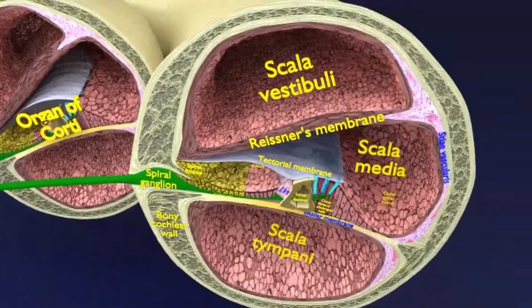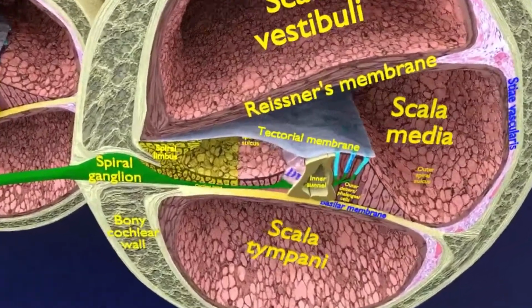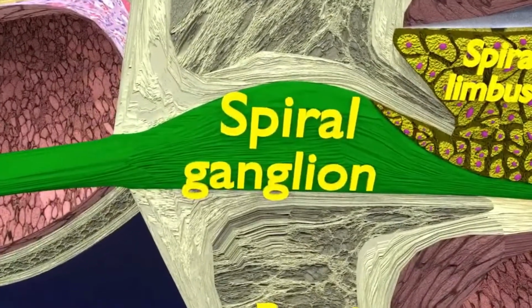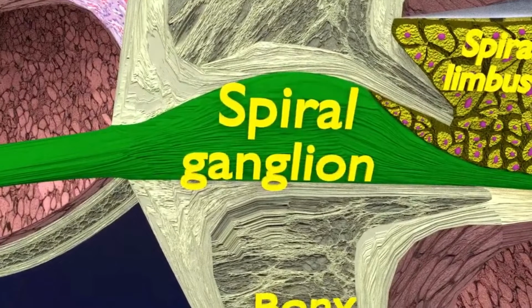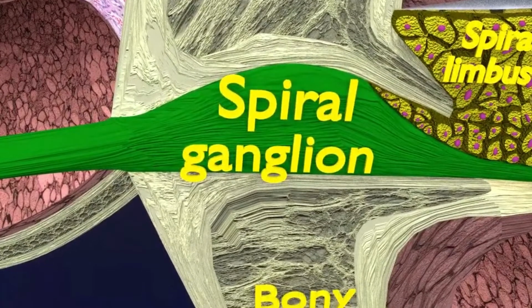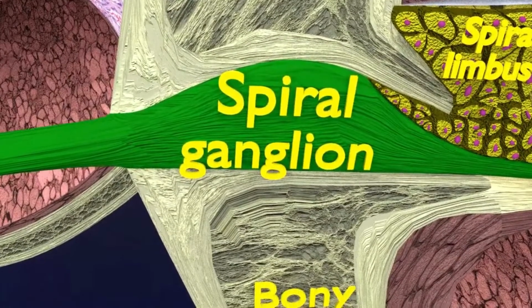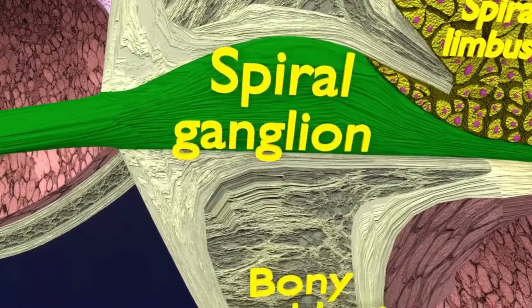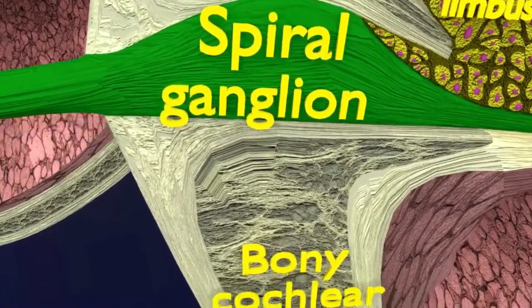Now, let us see the orientation of the cochlear nerve into the cochlea. The fibers of the cochlear nerve originate from an aggregation of nerve cell bodies, the spiral ganglion located in the modiolus of the cochlea.